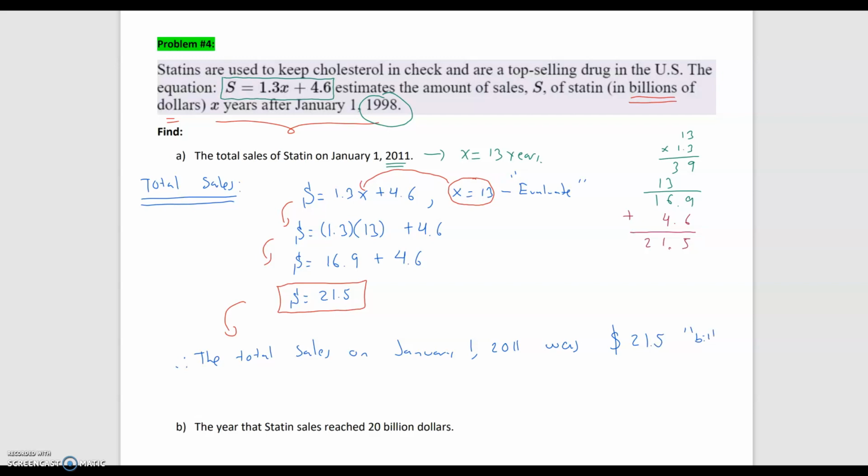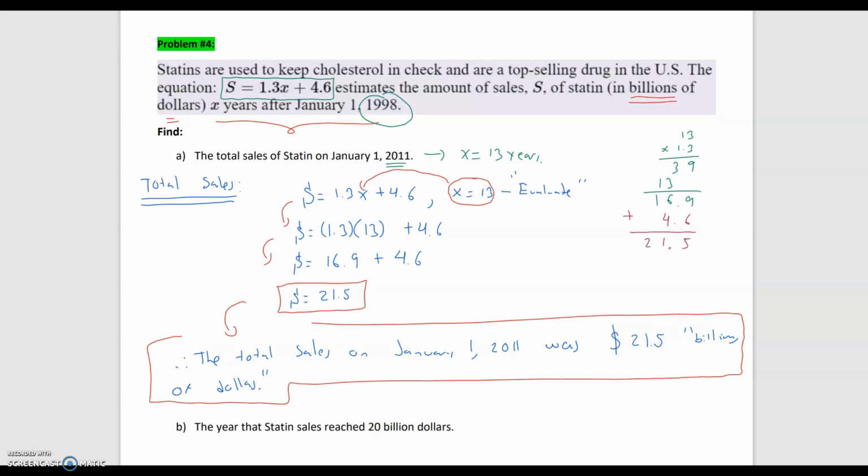So let me just write it as billions of dollars. So that's how much that company is making. Okay, that's actually it for part A.